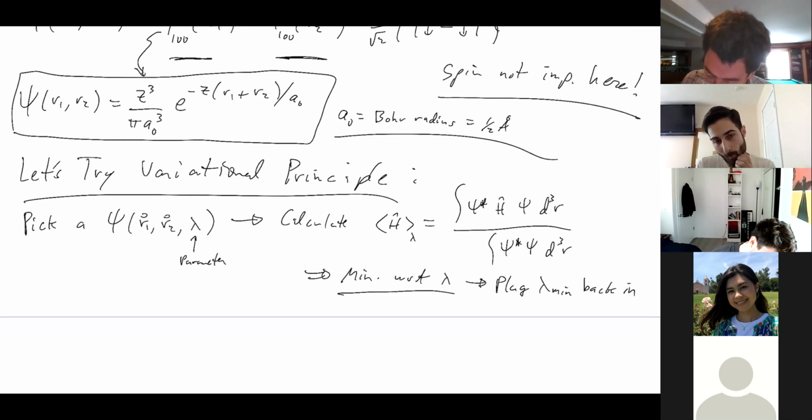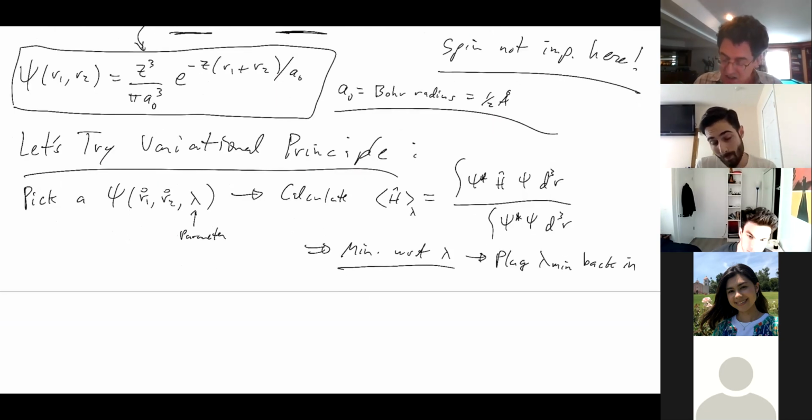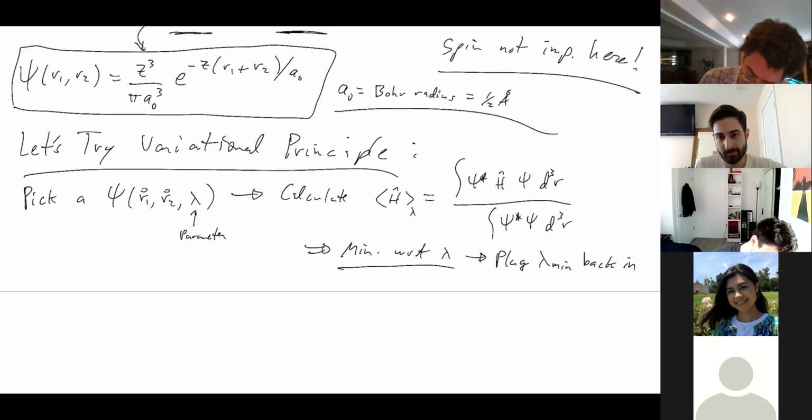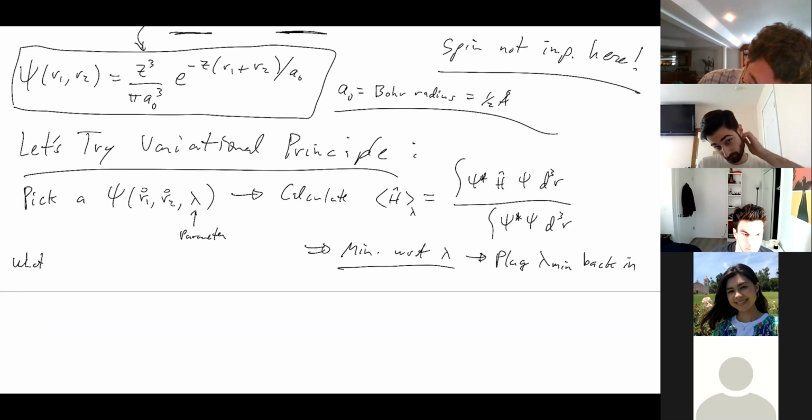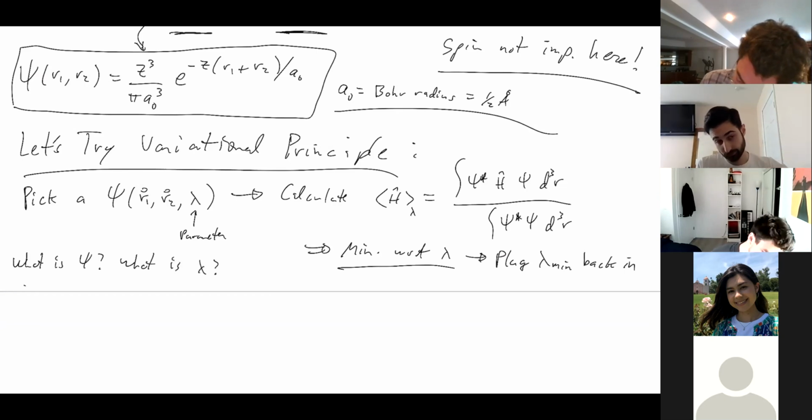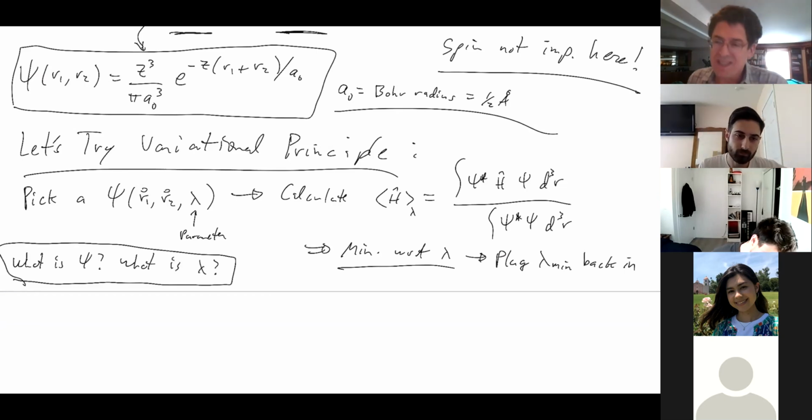But before we go further, I have to ask, what is the psi? What psi are we going to pick? This is the big question. What is psi? What is lambda? And this time it's not quite as easy as last time, but I'm asking you, what is it?